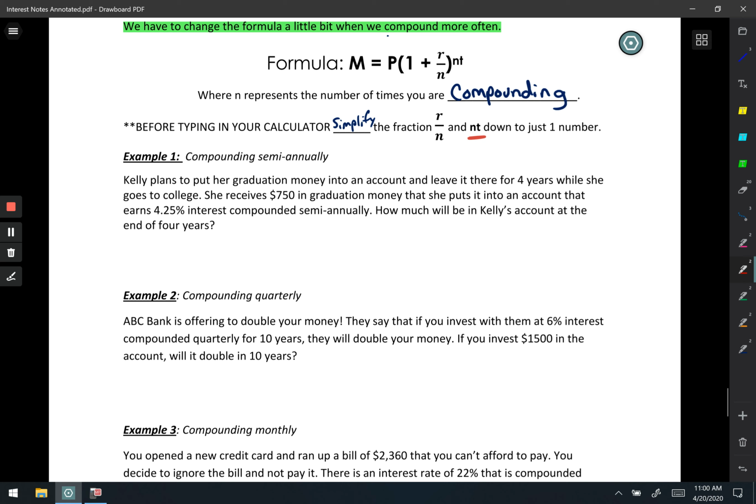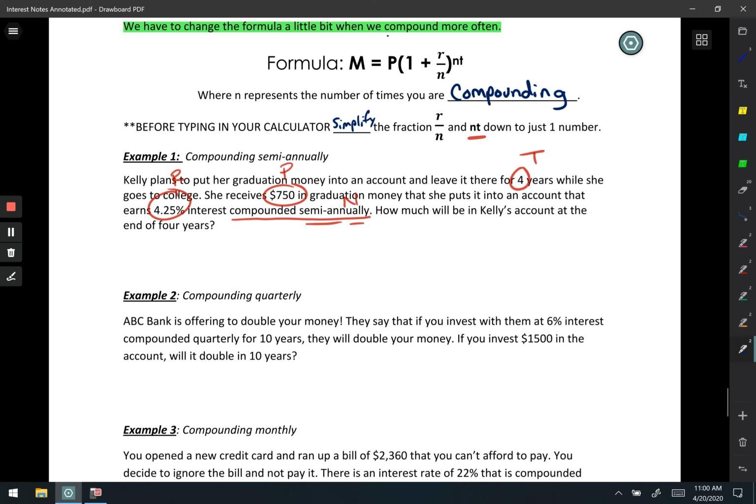She's going to receive 150. That's my P. She's going to leave it there for 4 years. That's my T. All right, going to earn 4.25 interest. That's my R, and it's going to compound semi-annually. That's my N. Okay, specifically the semi-annually part.